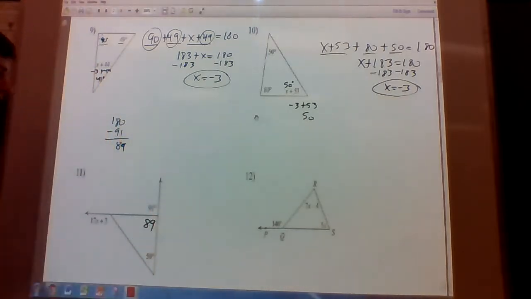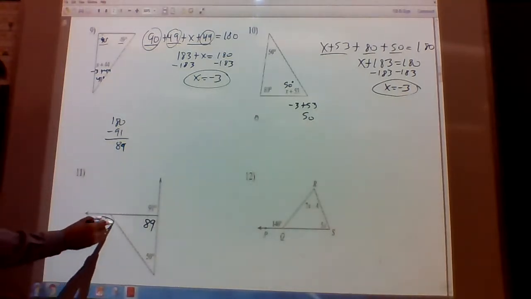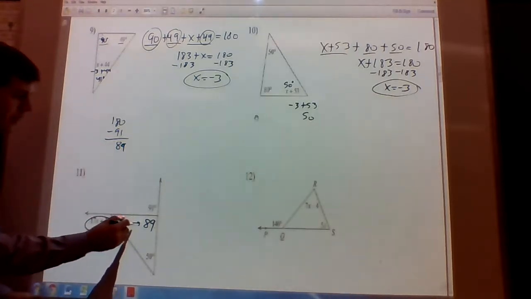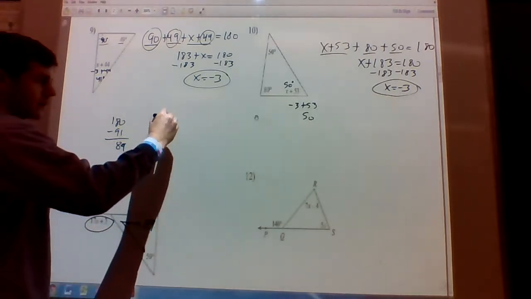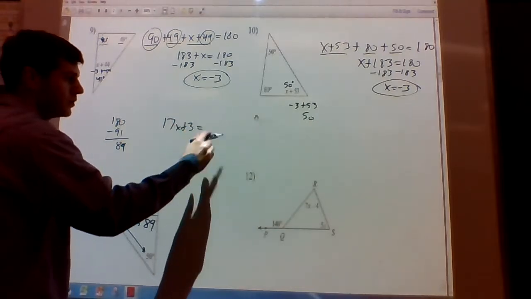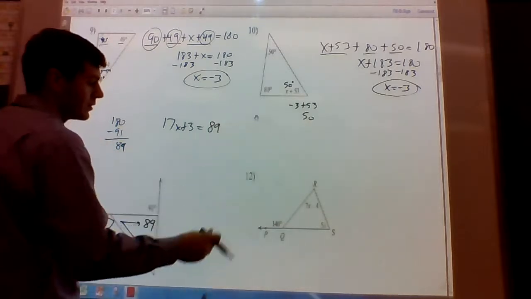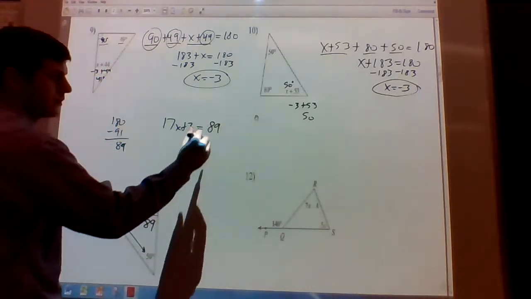Here we have two options. The first option, and the easiest, is to use our exterior angle theorem, which tells us that the exterior angle, in this case 17x plus 3, is going to equal the remote two interior angles, the opposite two interior angles added together. So 17x plus 3 equals 89 plus 50.